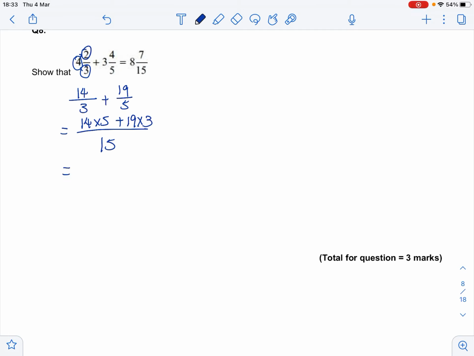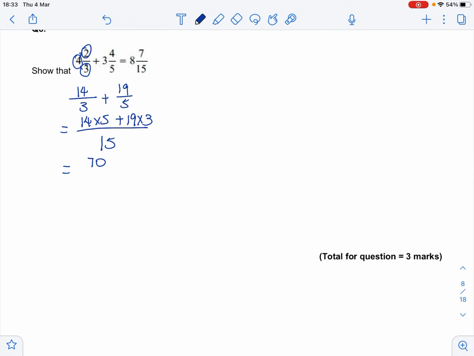Then you should get 70 plus 57 over 15, and this will give you 127 over 15, which is the same as 8 and 7 over 15.